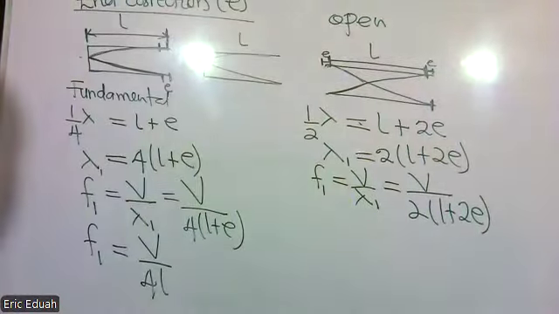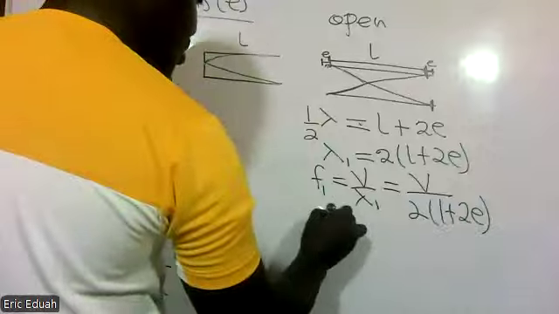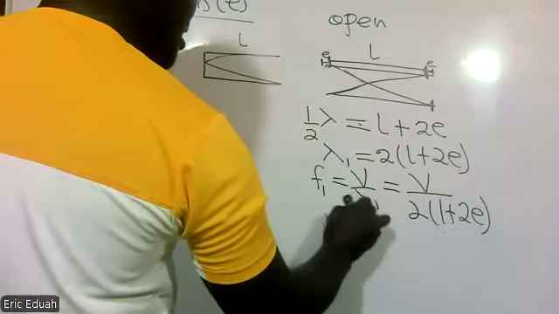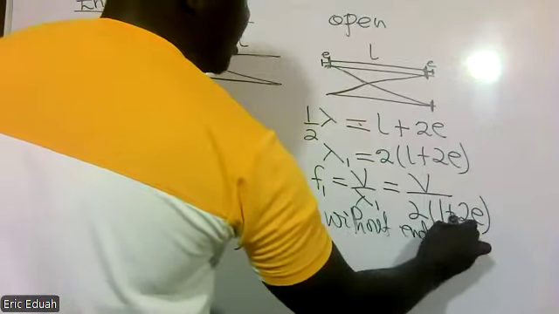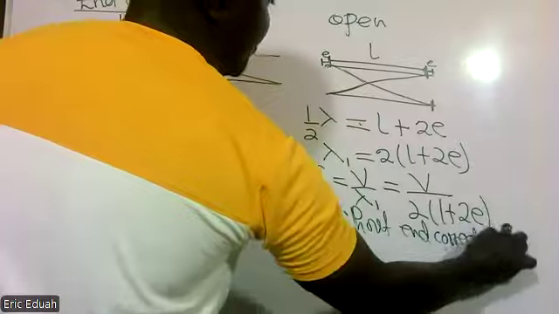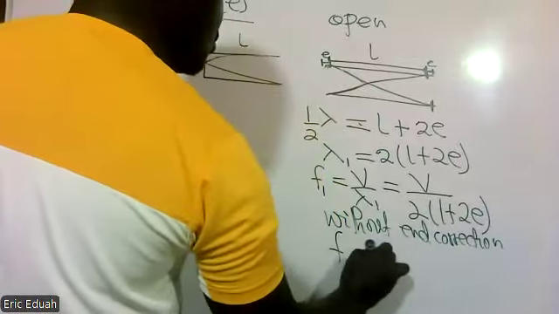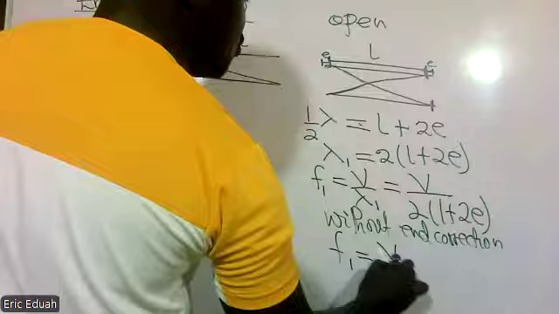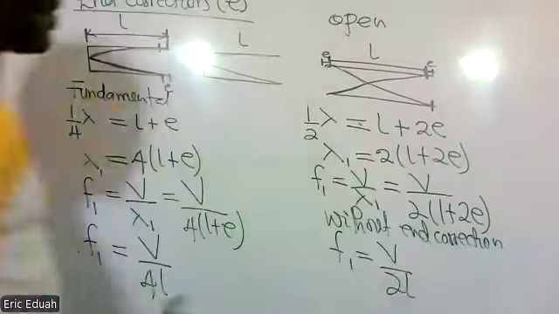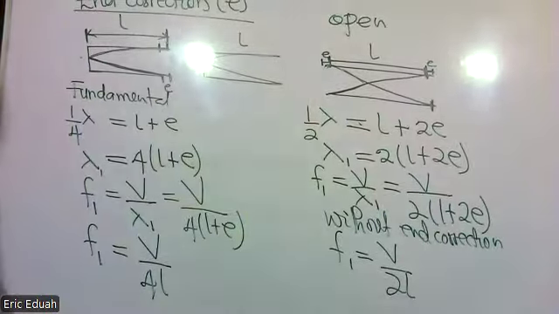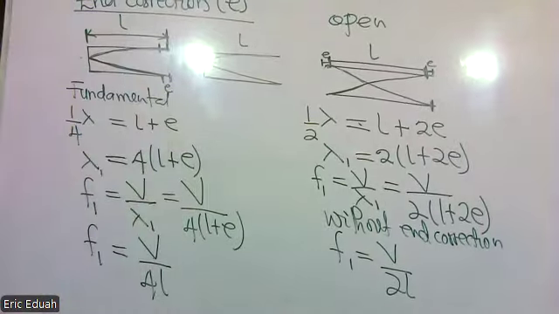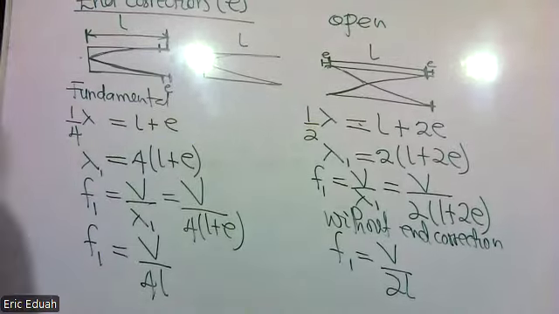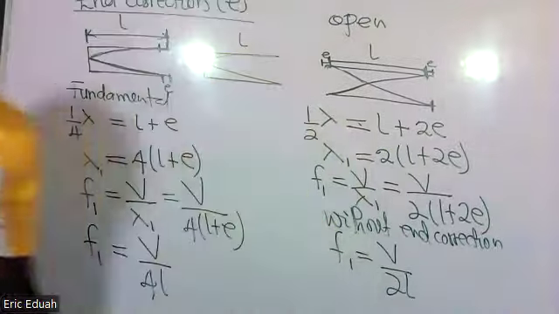Don't forget, without end correction, F1 is equal to V over 2L. With end correction, this is it. Class, is there any question? No, sir.